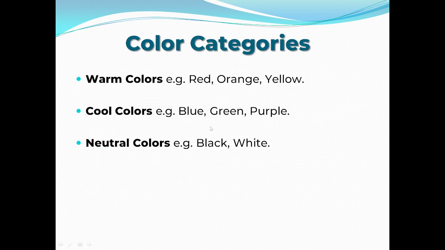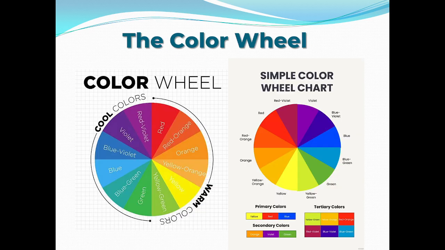Let's look at that on the color wheel so that you understand what I'm saying. You can see red, orange, yellow-orange. These are the analogous colors we're talking about. They are colors that are interwoven with each other.